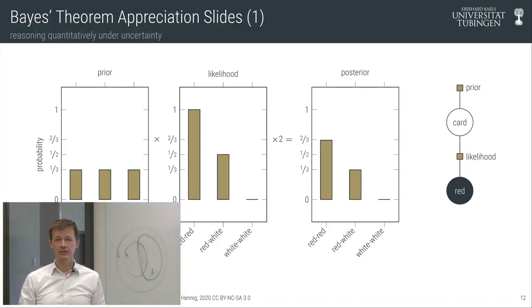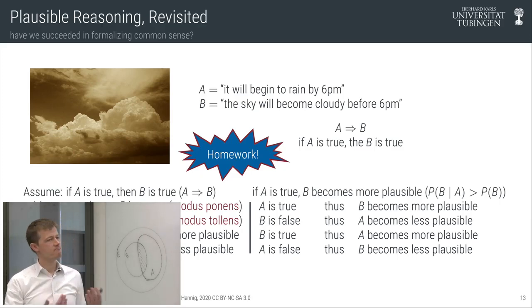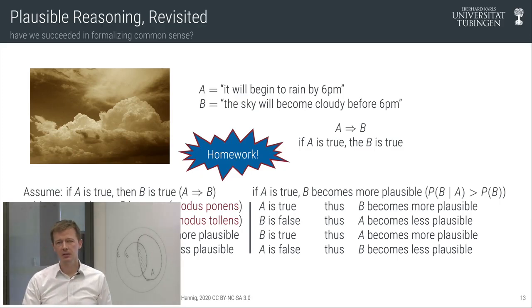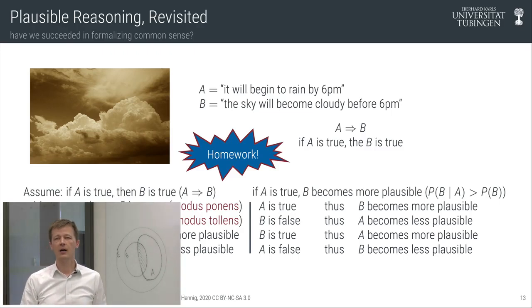The next example we should talk about is the observation that I made at the beginning, sort of after the first few minutes of this lecture, that propositional logic is too limited to represent everyday reasoning under uncertainty. So just to remind you, I made this example of 2 variables.